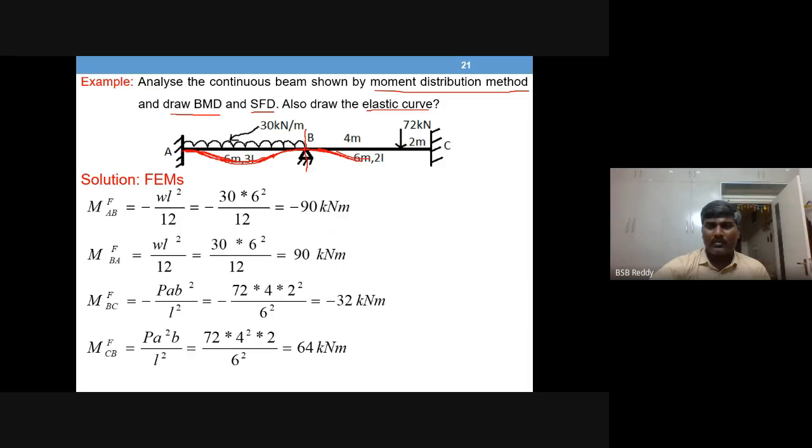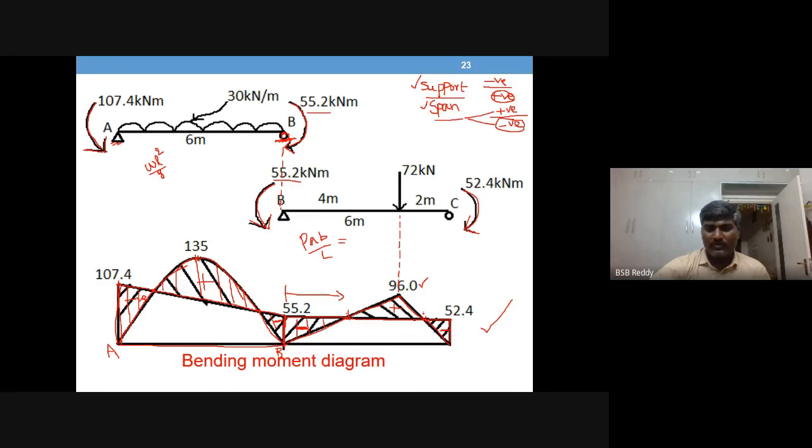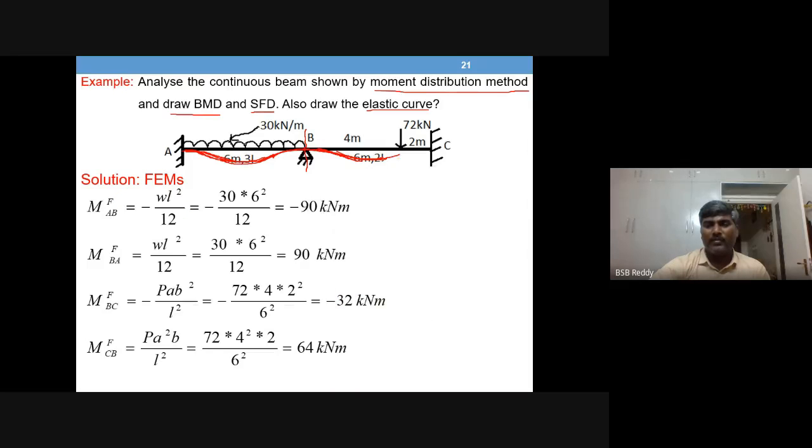Then a very small portion of sagging, almost equal portion of sagging, and a very little portion of hogging here. That's it. So this is how we draw the elastic curve.